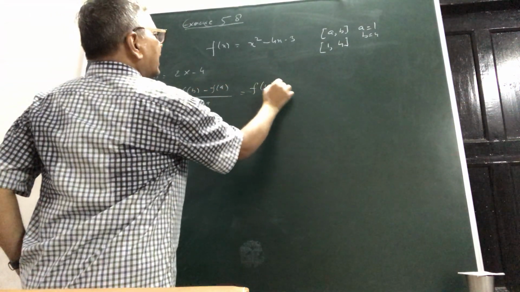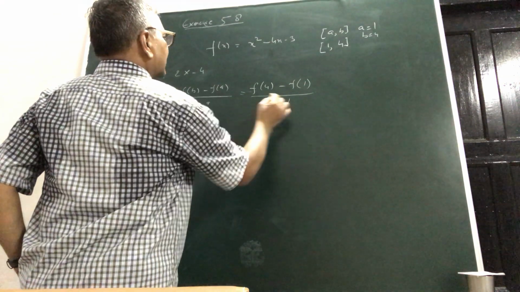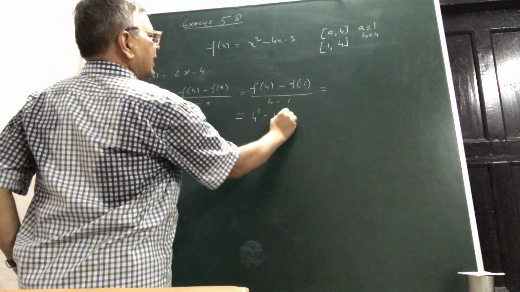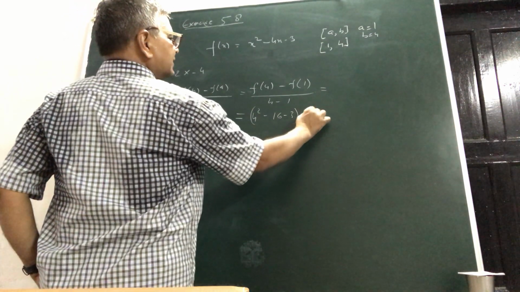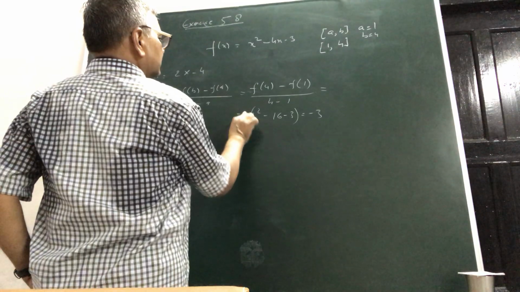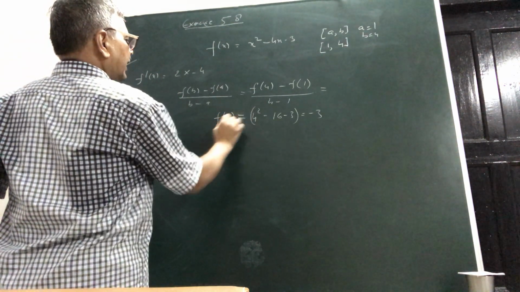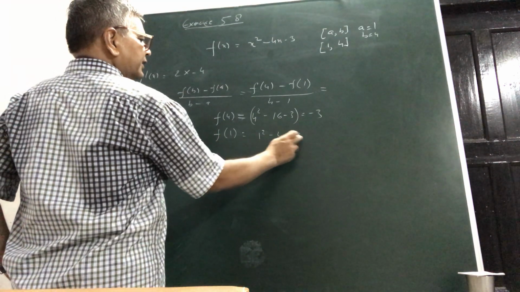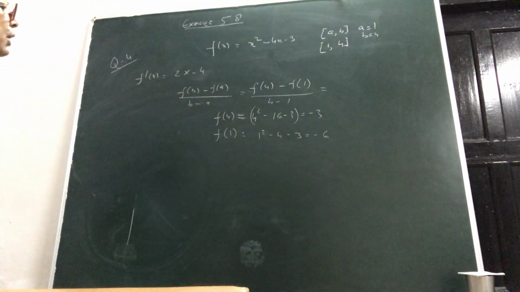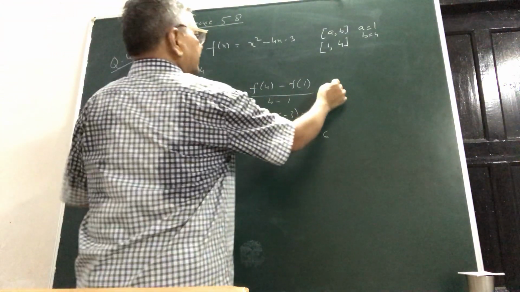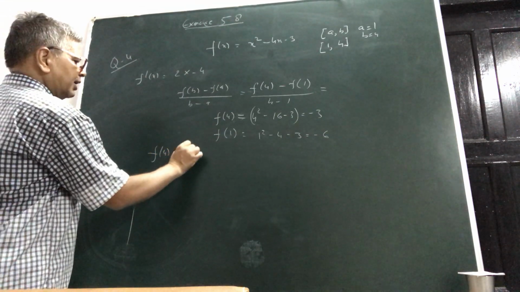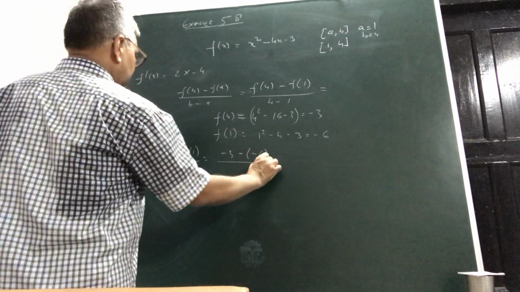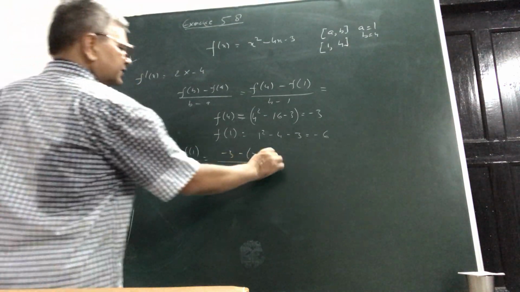It is f(4) minus f(1) upon 4 minus 1. f(4) is 4 square minus 16 minus 3, so it is minus 3. f(1) is 1 square minus 4 minus 3, so it is minus 7, minus 6 in total. So f(4) minus f(1) upon 4 minus 1 is minus 3 minus 6 upon 3, that is, minus 3 plus 6, 3 by 3, that is 1.